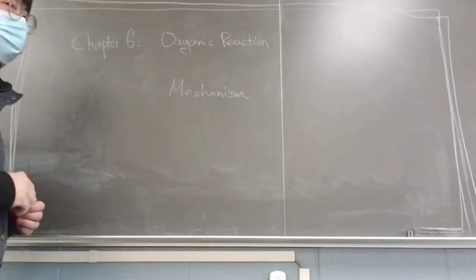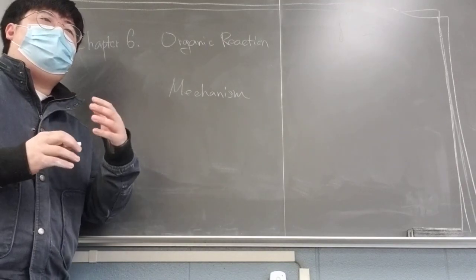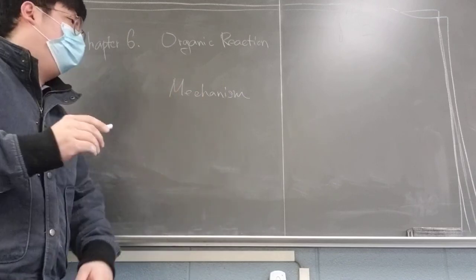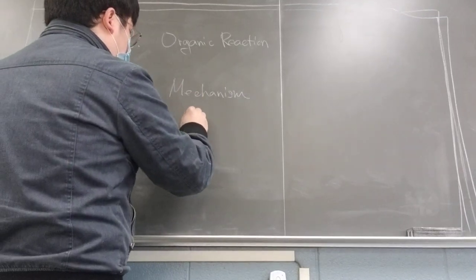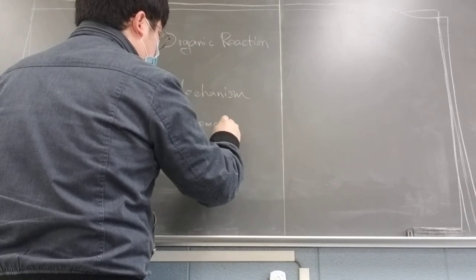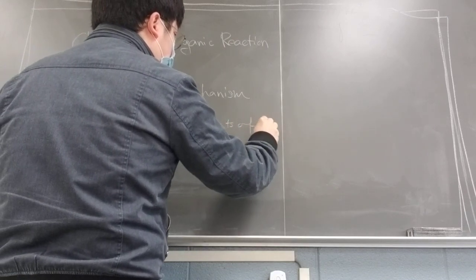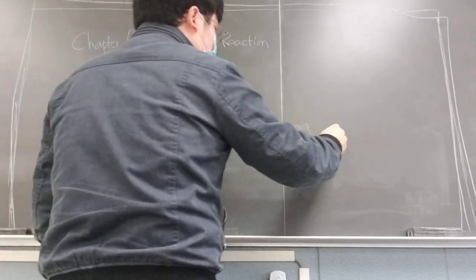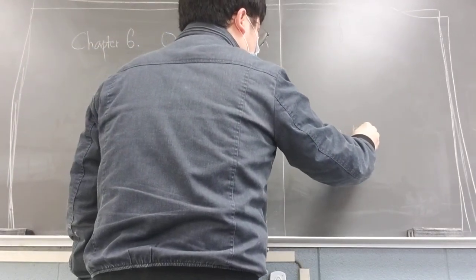So mechanism simply means we're going to explain how a certain type of organic reaction happened in great detail by showing the movements of electrons on the molecules.